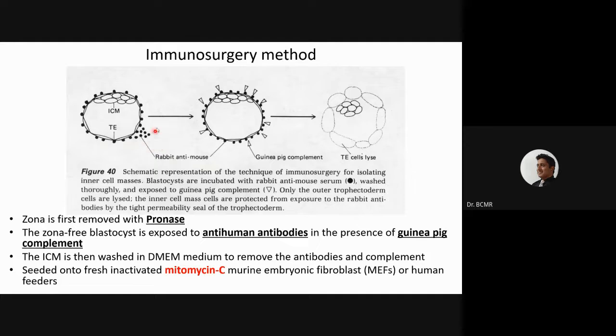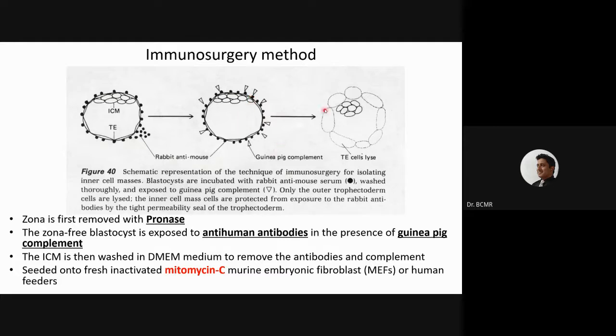So they treat the whole blastocyst, the naked one after removing the zona pellucida, with the antibodies. The antibodies will bind everywhere, and then we add guinea pig complement. The complement system gets activated upon binding to the constant regions of the antibody and will make pores in the trophectoderm cells. The ICM is inside, so it is a little bit protected.